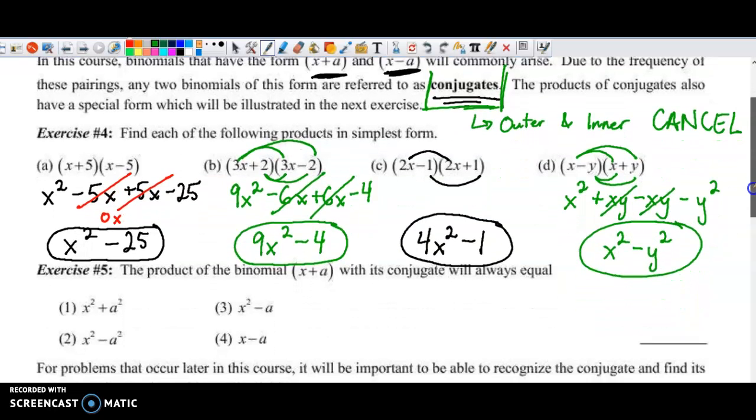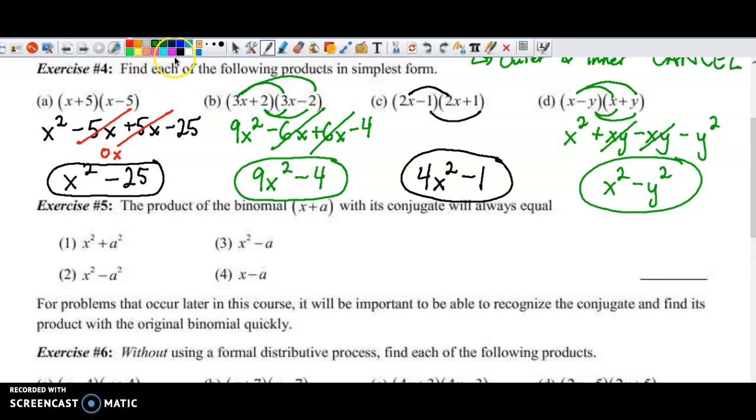As I move on to the next one, notice that it does not tell you what you're multiplying x plus a by, but this word, product, means multiply, and this word is saying its conjugate needs to be the opposite. So x plus a's conjugate is x minus a. If you notice the pattern that we had, the outer and inner will cancel.